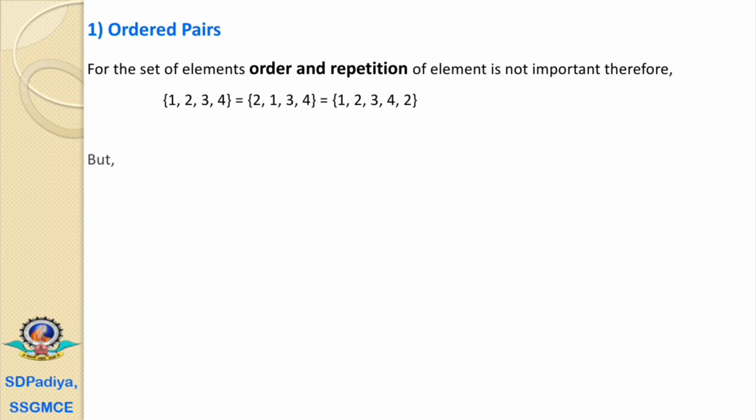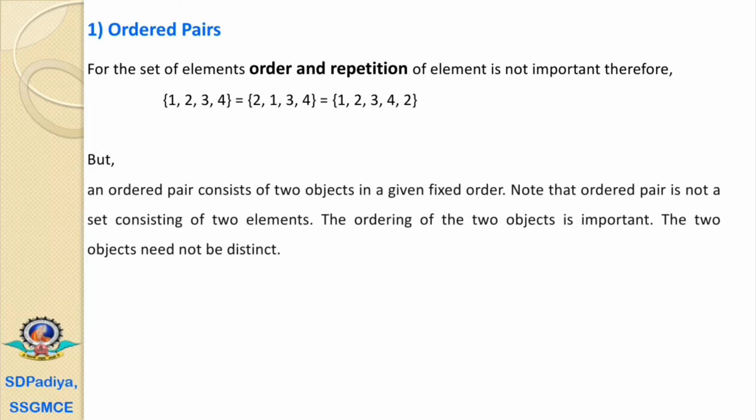But in an ordered pair there is importance to the order, that is the sequence, and there is importance to repeated terms also. An ordered pair consists of two objects in a given fixed order. Note that an ordered pair is not a set consisting of two elements. The ordering of the two objects is important.